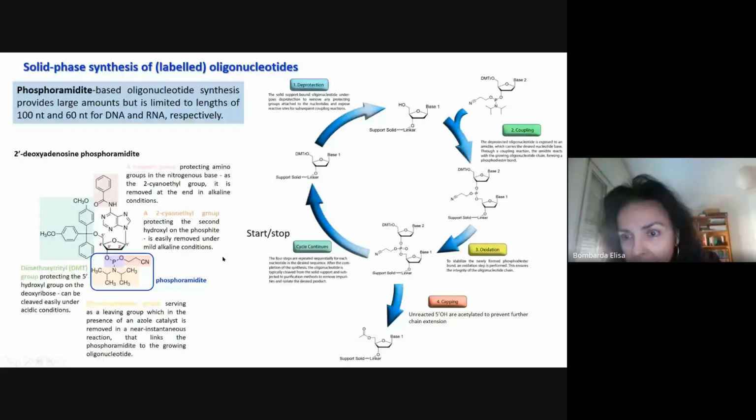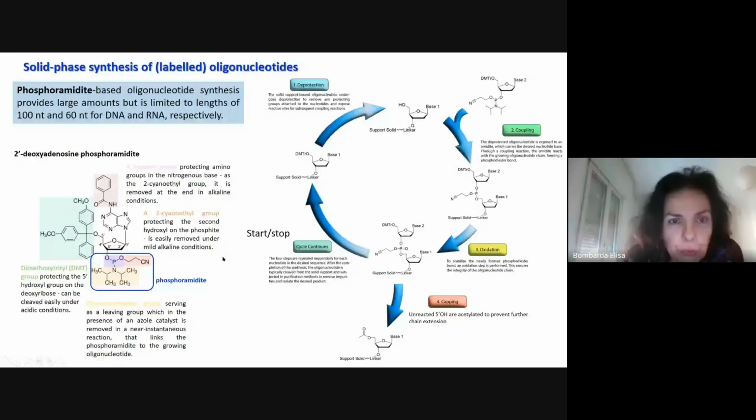And so as you see, finally, what did not react is acetylated to prevent further chain extension and so on. So then we have now two nucleotides, and then we start again. So we have the third one and the fourth one and so on.